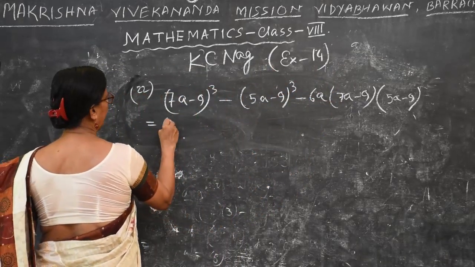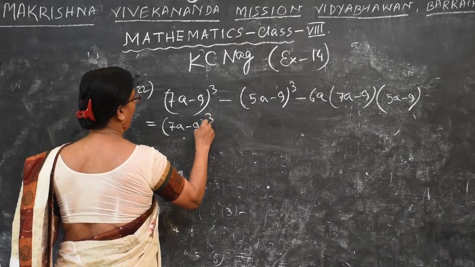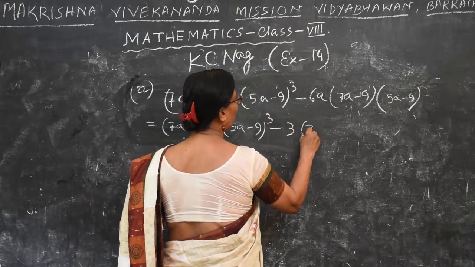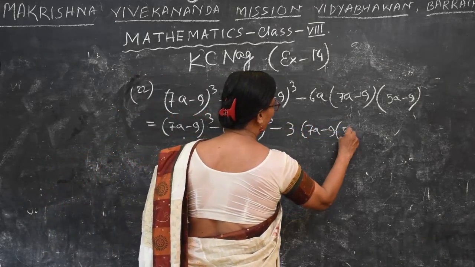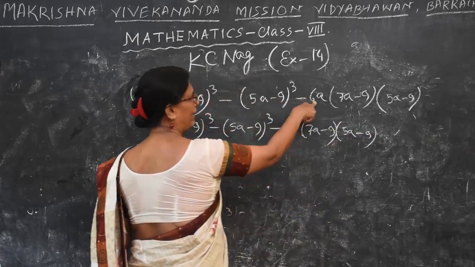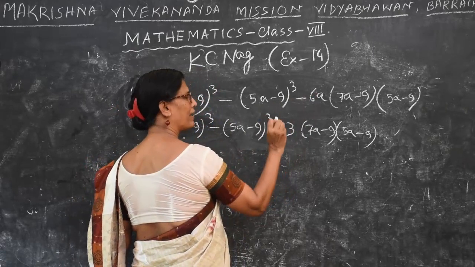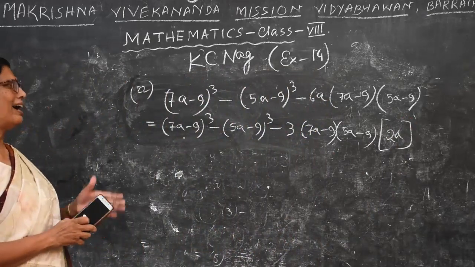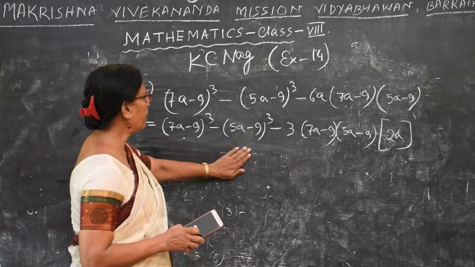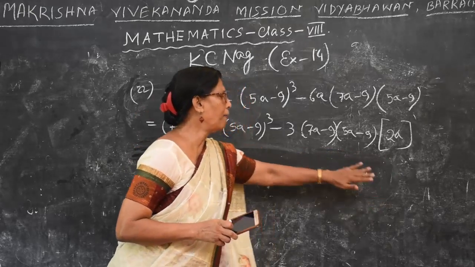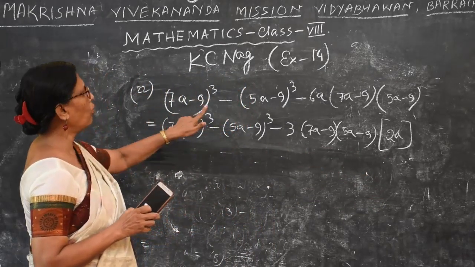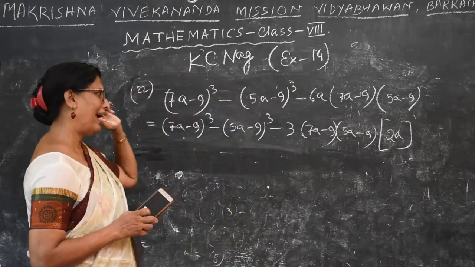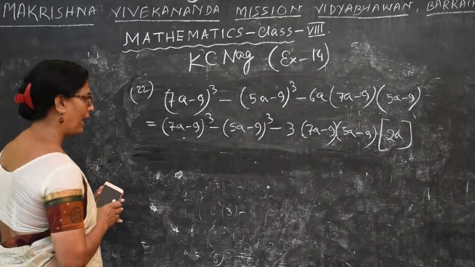But our formula is a cube minus b cube minus 3 into a into b. What is left here? 2a. 2a into 3 gives us 6a. So 2a is there. So first we adjust the given polynomials to our pattern. Pattern means a cube, b cube, 3ab, but still now there is no a minus b. So we adjust the whole lot as a minus b.